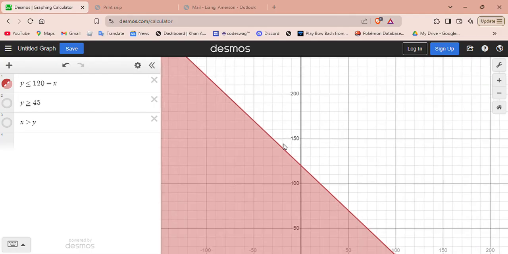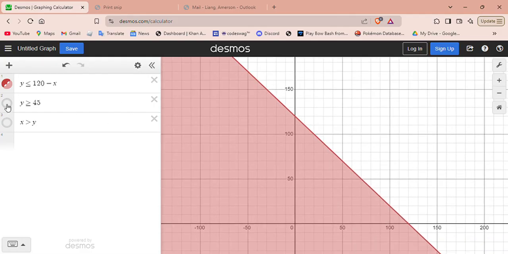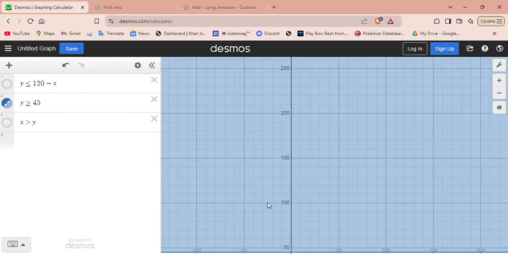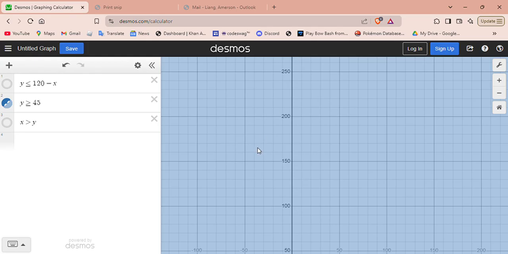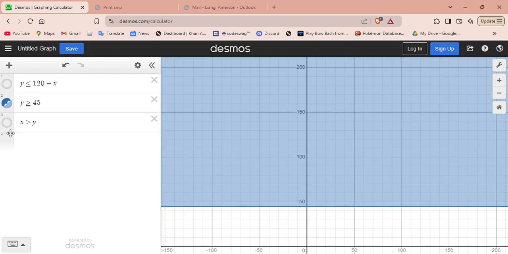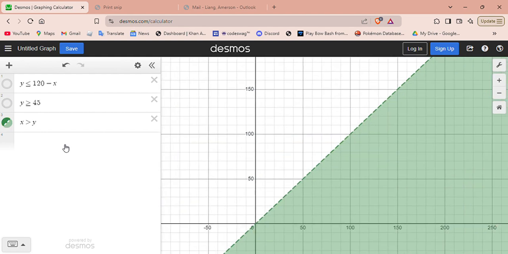On the other hand, we have y is greater than 45. We have the line y equals 45 here, but it's shaded upward because it's a greater than sign, so y just keeps on increasing, and we also have all the x's. Then we have our last inequality, x is greater than y.